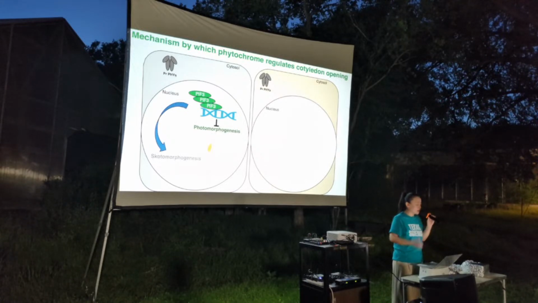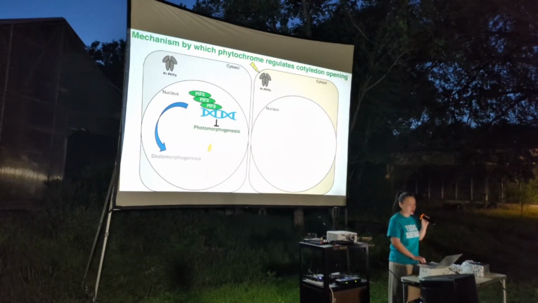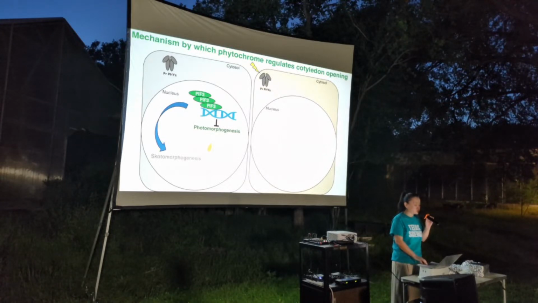That's why in the dark, you can see the seedlings have a long hypocotyl, a closed apical hook, and closed cotyledons.